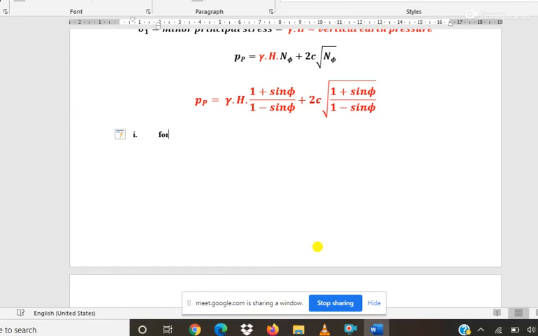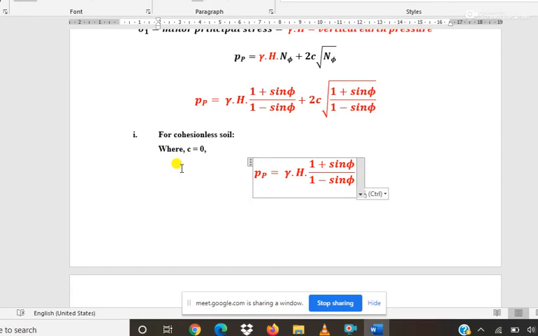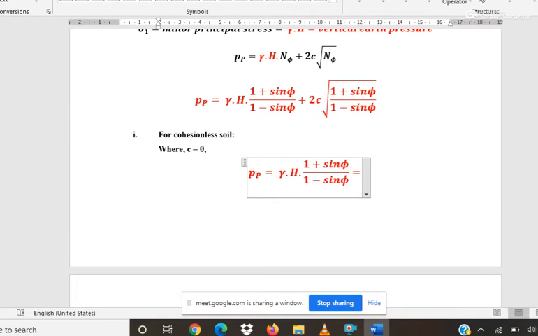For cohesion-less soil, where C is equals to 0, then PP is nothing but Ka gamma h or Kp gamma h.